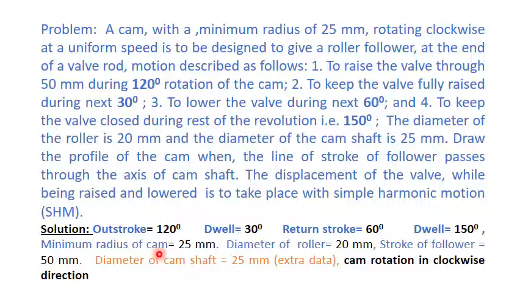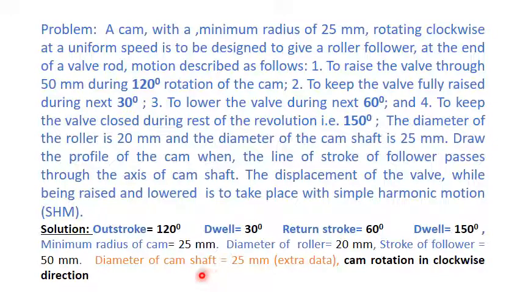Here in this problem you can see the minimum radius of cam is 25 mm and along with that we have a roller. We have a roller which is having 20 mm diameter, which is running along with the cam. Then maximum lift of follower is 50 mm.